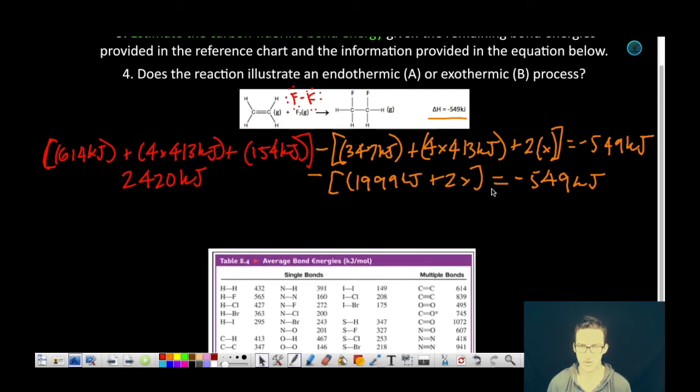And then we'll distribute this negative, so we're going to end up with something like 421 kilojoules minus 2x, again after we distribute that negative, equals negative 549 kilojoules.